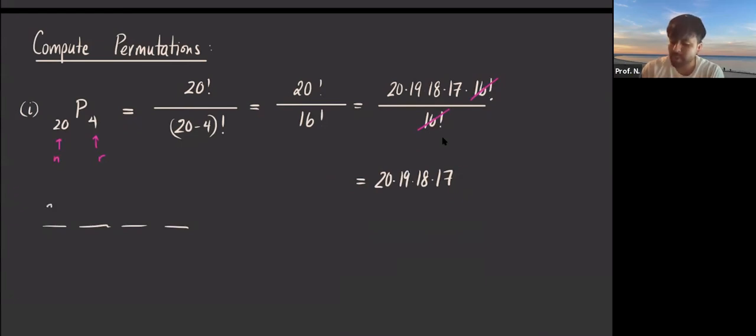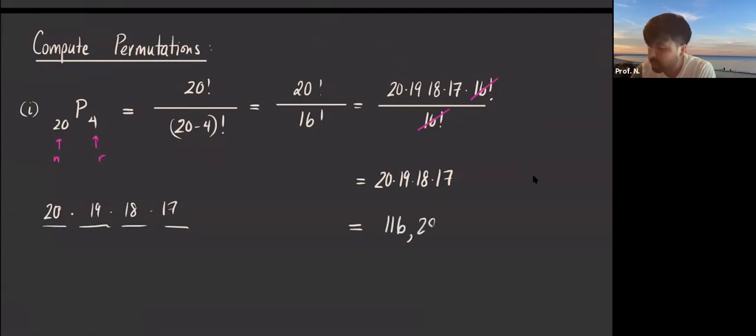Well, the first place, there's 20 possibilities. Once that first person is chosen, then we have 19, then 18, then 17. So I would have done the same thing. And if you compute this, you get 116,280. Okay.